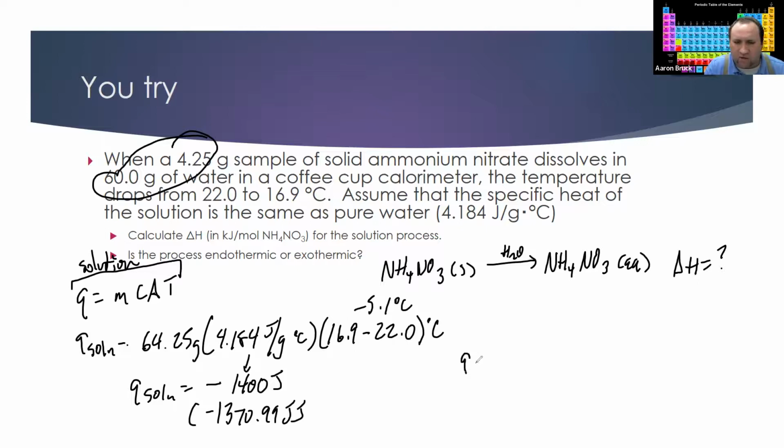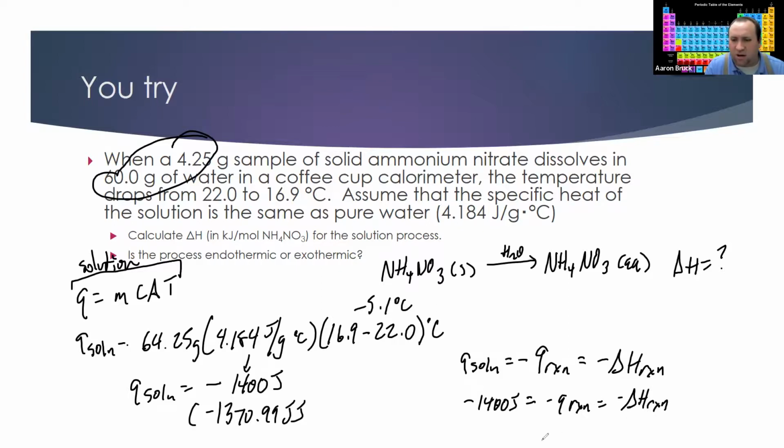Now remember, the Q of solution in a calorimetry experiment is opposite of the Q of reaction. And the Q of reaction, well, that's the same as the opposite of the heat of reaction as well. So if I've got negative 1400 joules as my heat of solution, that means that my heat of reaction and my enthalpy of reaction would be positive 1400.